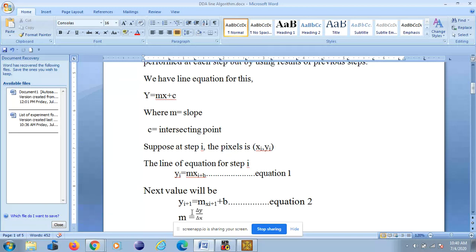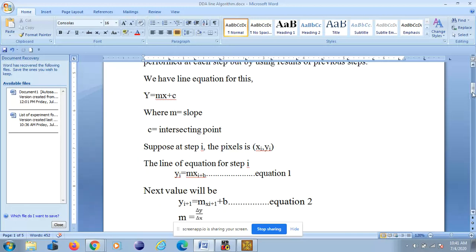Because this is the incremental method of scan conversion, at each step it will be incremented by 1. So at the next step the value of y will be yi plus 1, equal to m xi plus 1 plus b, and the value of x will be xi plus 1.